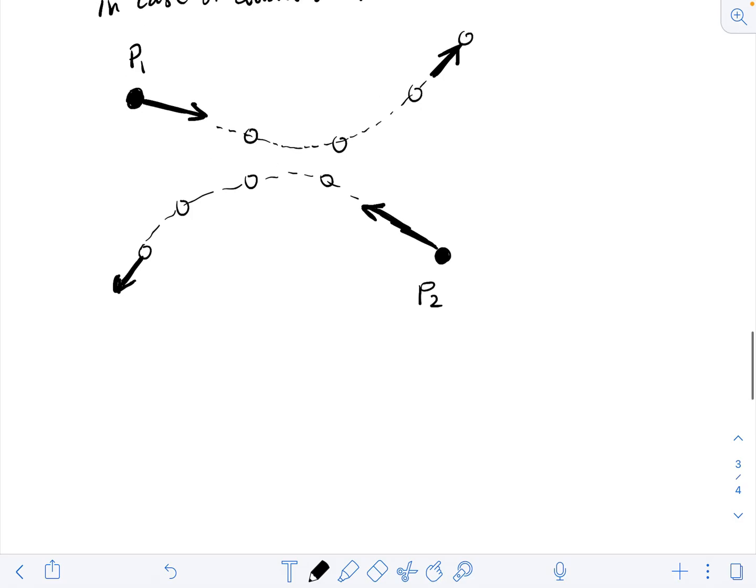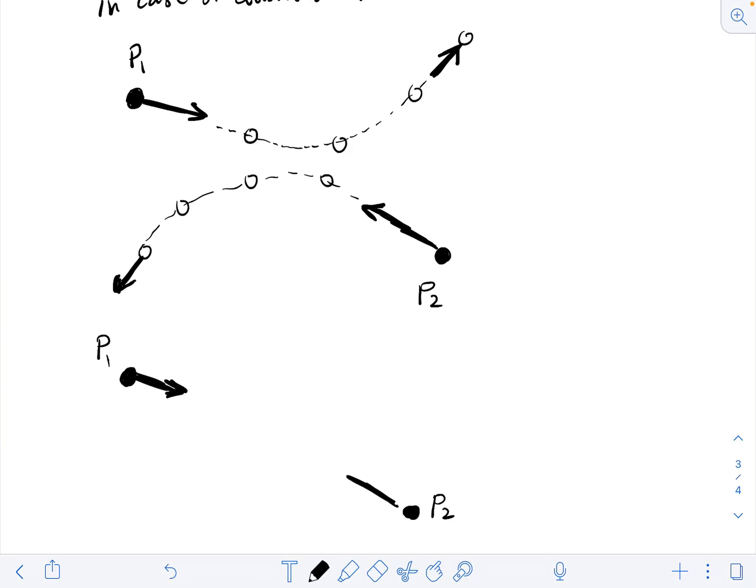Well, we could have a similar scenario where our particles start in basically the same initial positions, and they're going to again interact with one another.